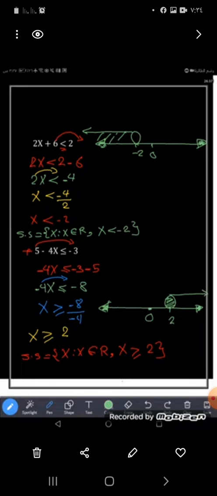Then we can say 2x less than 2 minus 6. Then 2x less than negative 4. 2 here is up, we can put it on the other side down. Then we can say x less than negative 4 over 2. Then we can say x less than negative 2.